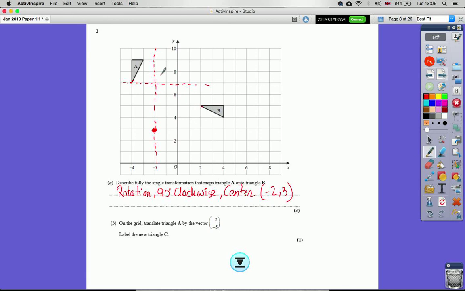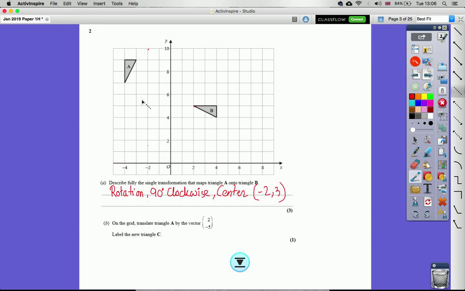I'm going to explain this part once again. Okay, so what I'm saying is that this point here has moved here due to the rotation. So I'm going to draw a dotted line trying to identify the center of rotation. So the center of rotation will be along this line, right?